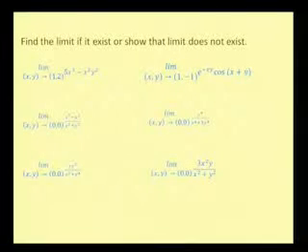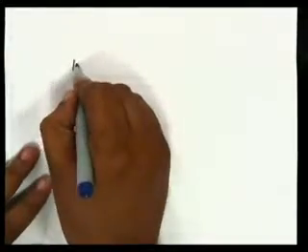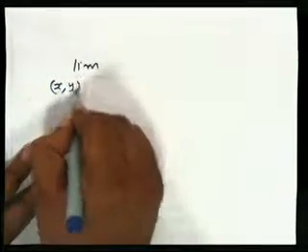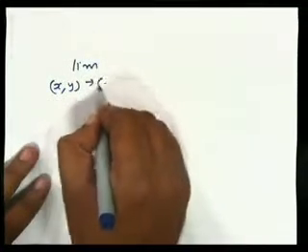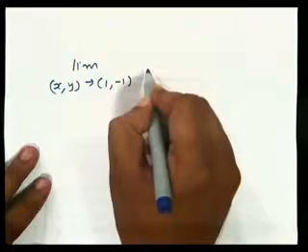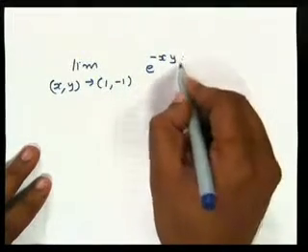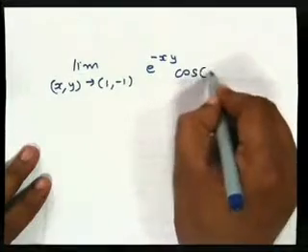One more question. Let us see this question. The limit as xy tends to 1 comma minus 1 of e raised to power minus xy cos of x plus y, right?